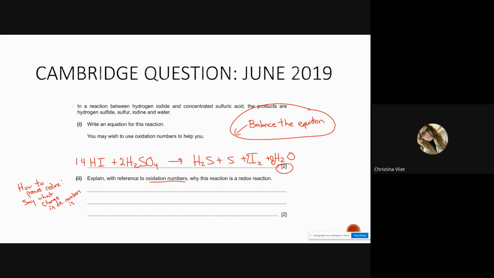So in order to get the 2 marks here, 1 mark would be for saying that iodine goes from -1 to 0. So the oxidation number of iodine changes from -1 to 0.